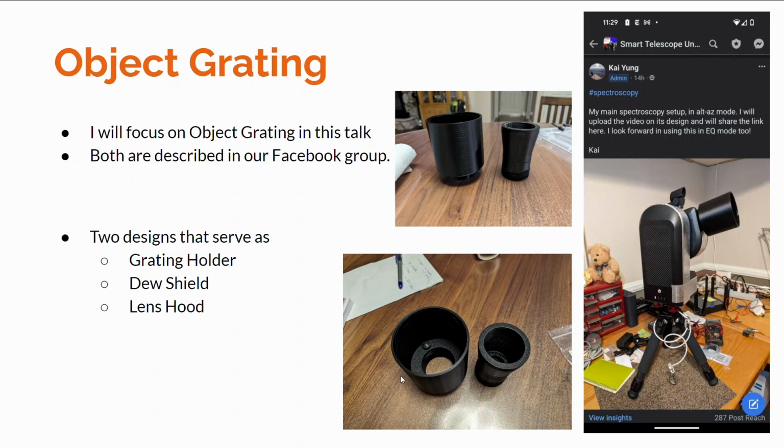I'm going to show you two designs. Both designs serve as a grating holder, a dew shield, and also a lens hood, because I image in my backyard, so there's a lot of spurious light. This is how it would look if I put one of the grating holders in front of my Seestar. So I'm going to show you the video now.